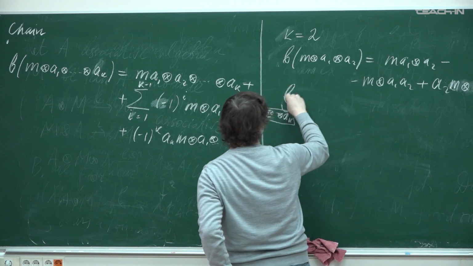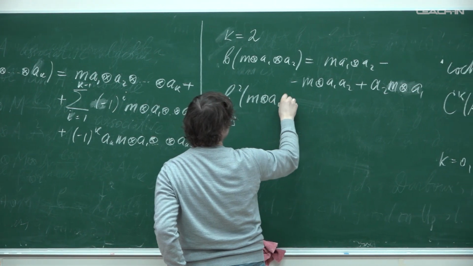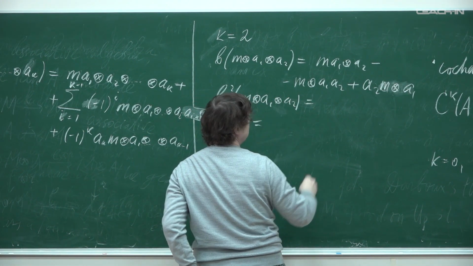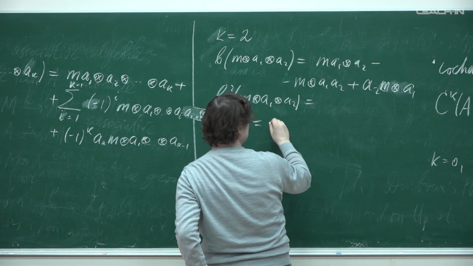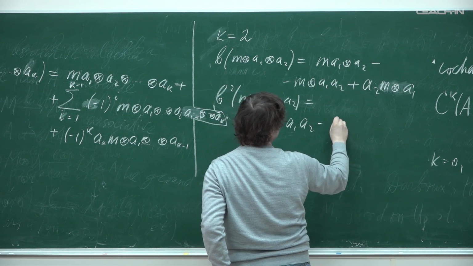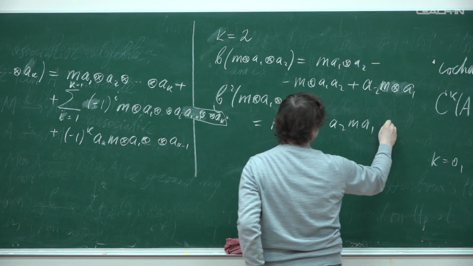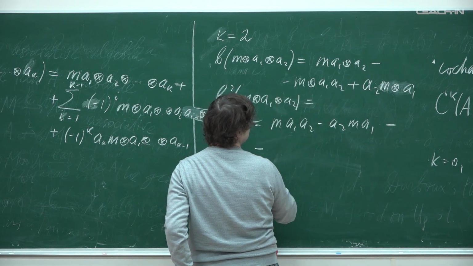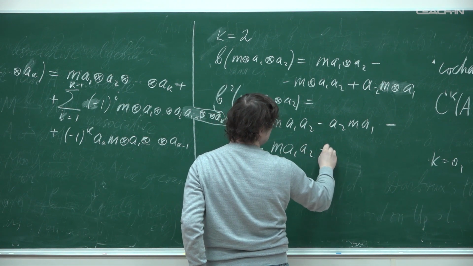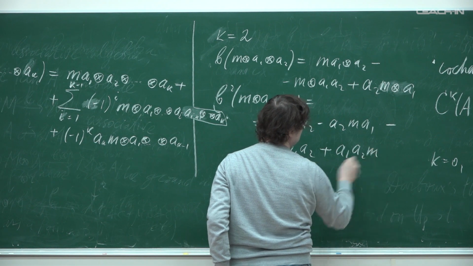Now b squared applied to the same element is equal to what? First we apply b to this term, and it looks like m a1 a2 minus a2 m a1. To this we subtract m a1 a2 and add a1 a2 m.